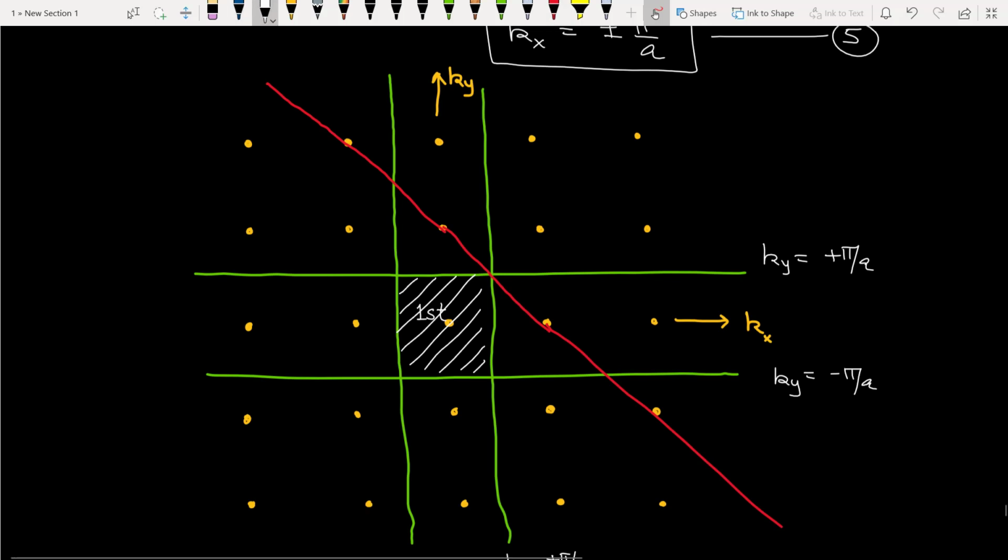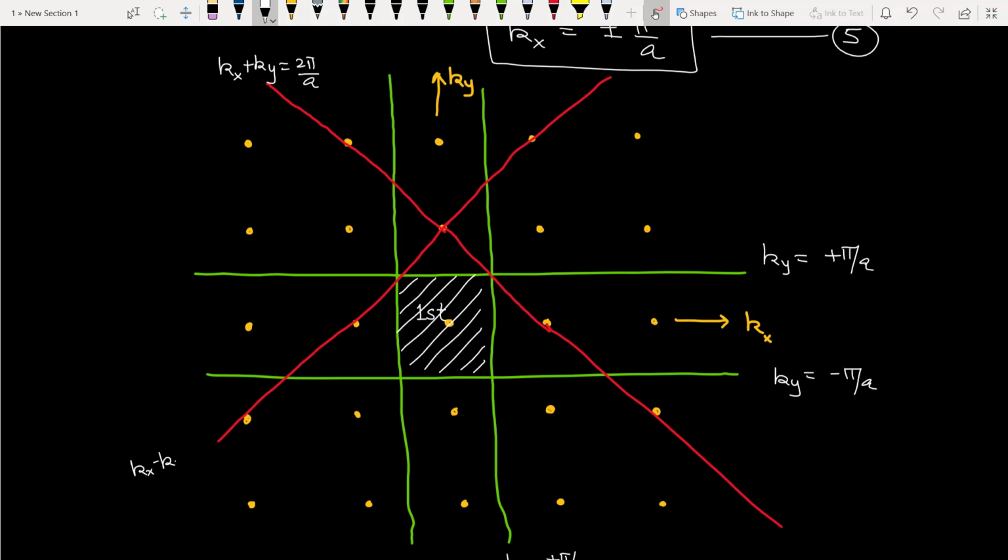So mathematically you can get these lines very easily. Next is kx minus ky equal to minus 2 pi by a. So this line, it will be kx minus ky equal to minus 2 pi by a.